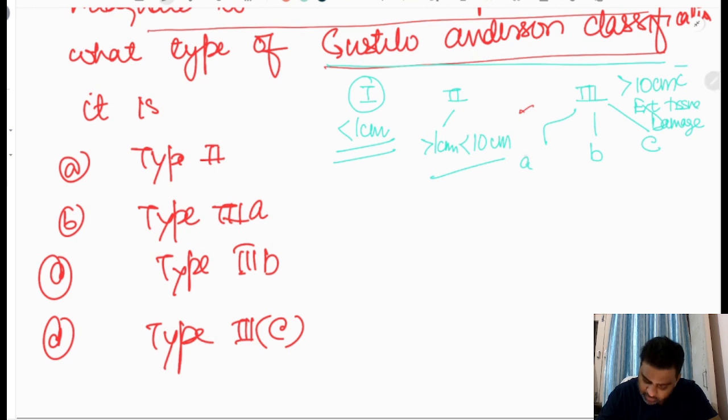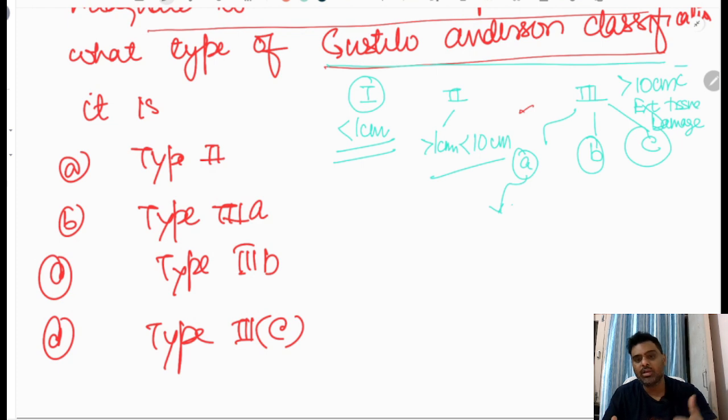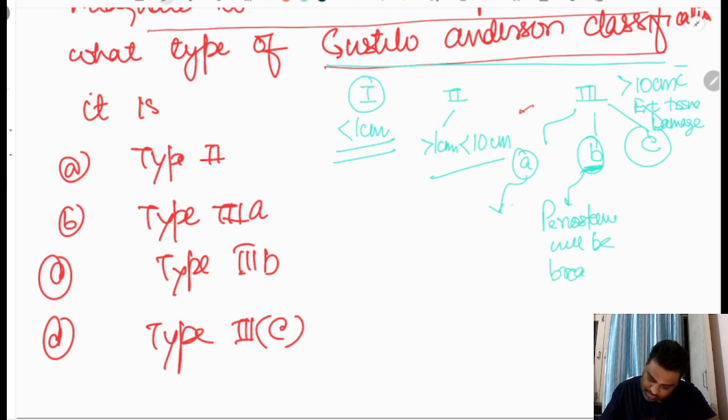Now, how will we classify it into A, B, and C? A means the injury will have extensive tissue damage. In B, remember, the periosteum will be broken. And with C, remember the circulation.